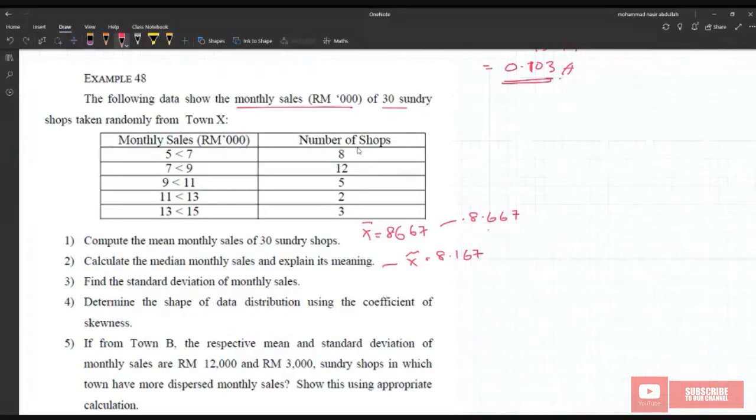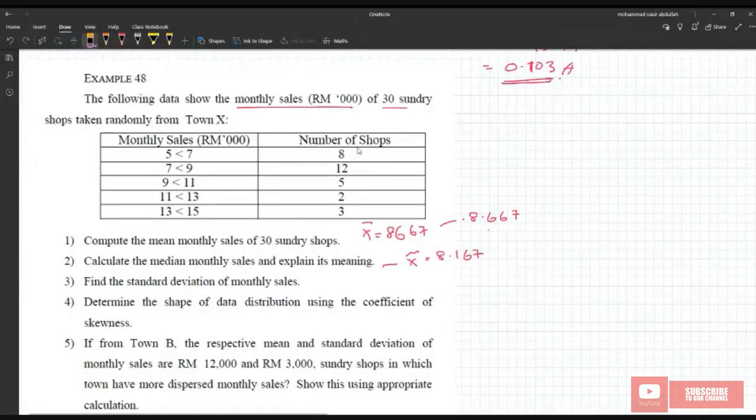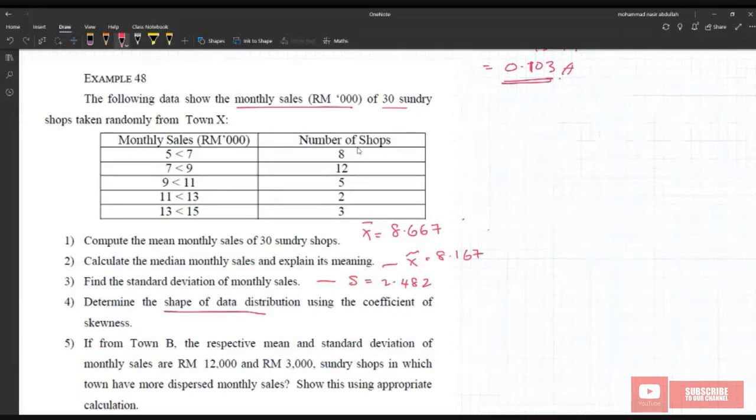When we convert to 1,000, it's going to be 8,667. So we choose one value, right? So the mean is 8.667. The standard deviation S here is equal to 2.482, and we want to determine the shape of the data distribution.